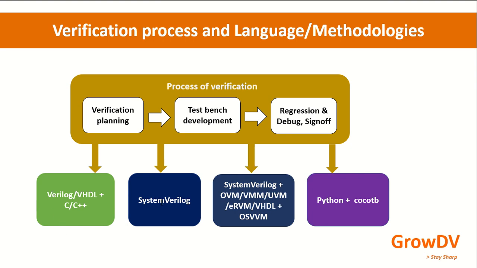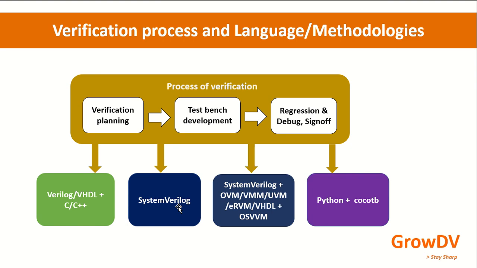If I were to execute the same verification process with SystemVerilog, due to built-in randomization and coverage support, I might end up using more random tests and fewer directed tests. It doesn't mean that I cannot do a full-fledged random test bench implementation using only Verilog.